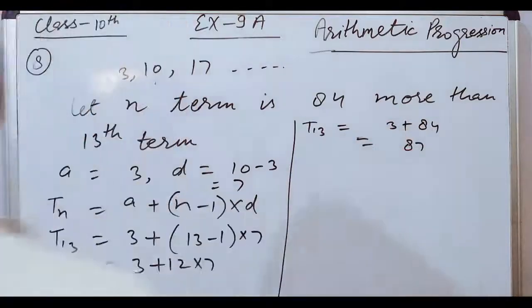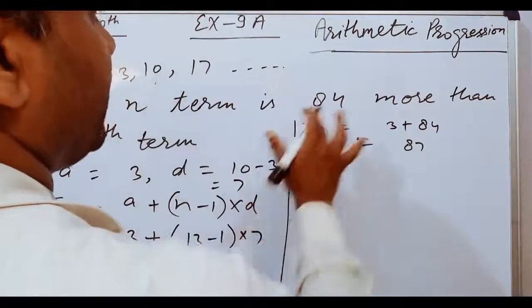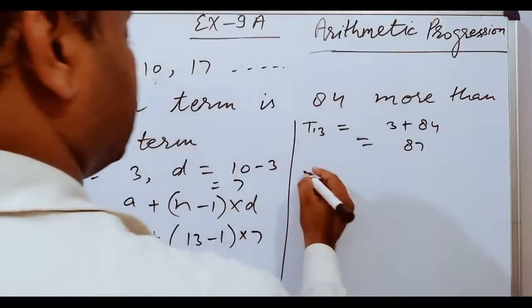Okay, what is the question? Let the nth term be 84 more than the 13th term.